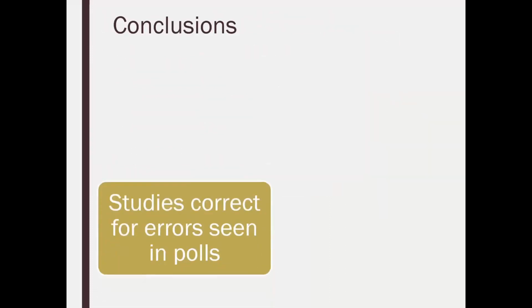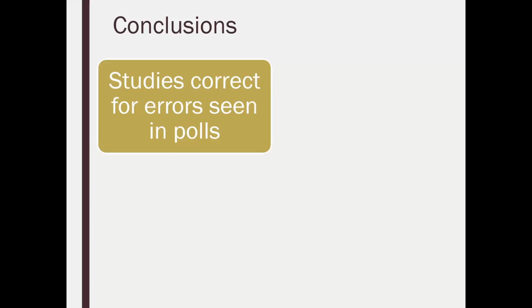So the conclusions I'd like to leave you with in this subject, first off, I just really want to underscore that all those things that I talked about that were problems with polls are things that we take into consideration when we're developing our studies, so that we avoid those problems on purpose.